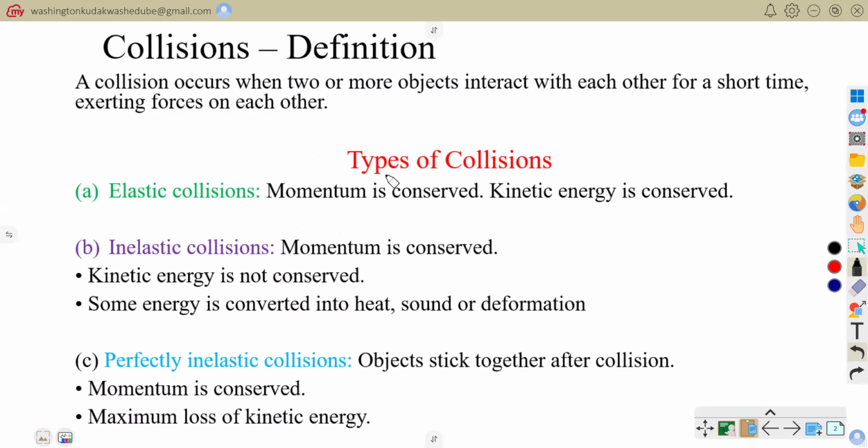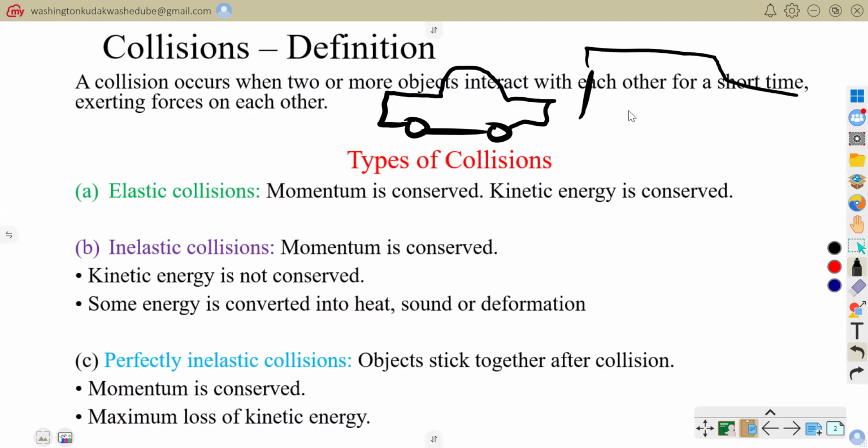At some instances, when objects collide, one object gets deformed in shape. For example, when a small car collides with a big truck, the smaller car is the one that gets deformed.